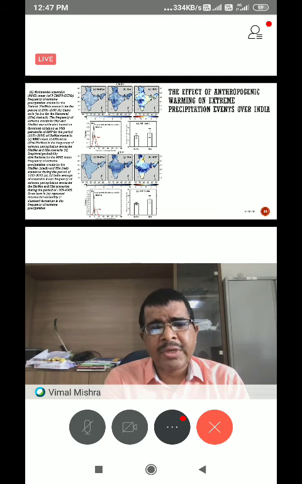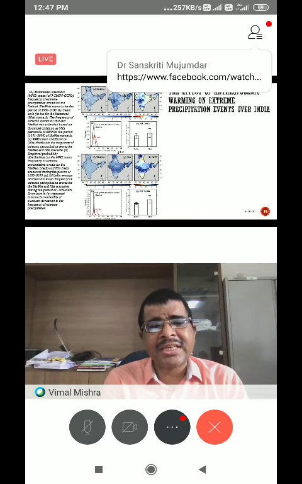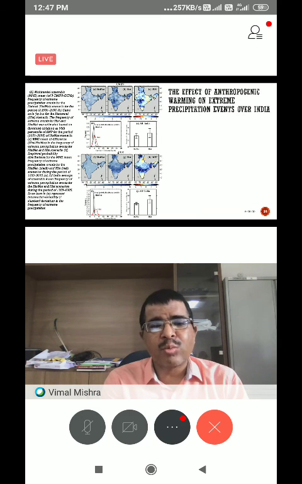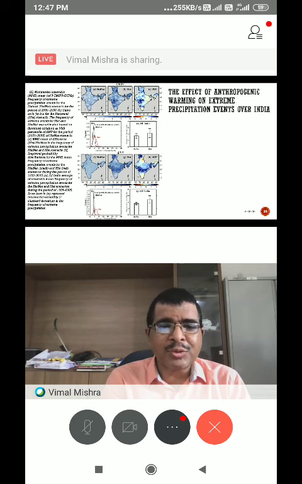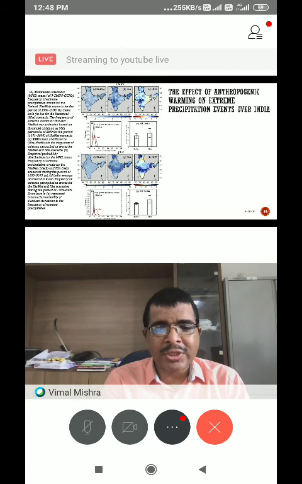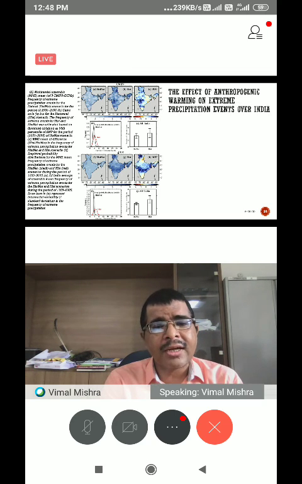So what we basically studied here is whether the increase in precipitation extremes is caused by anthropogenic warming, because precipitation increase can happen because of climate variability also. So we looked at historical natural as well as historical projections that include the greenhouse gas emissions, and we found out the difference between these two.